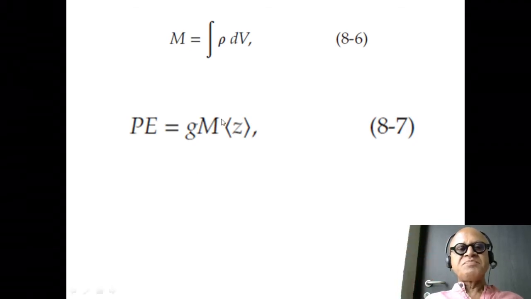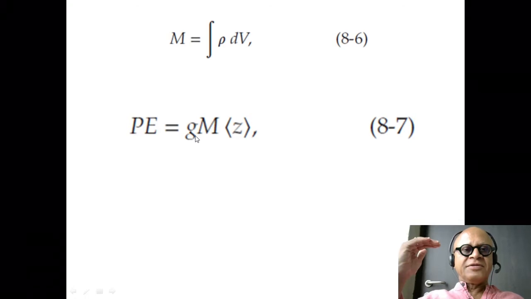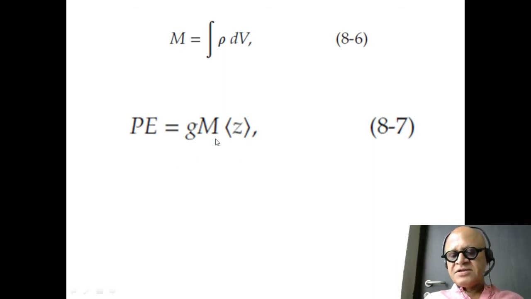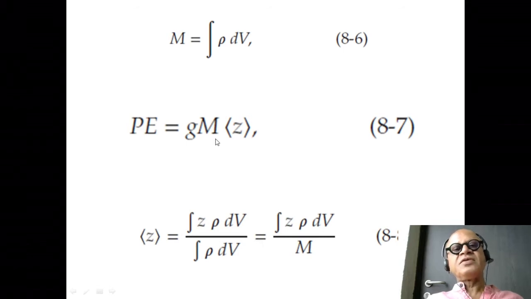Okay, very simple. So g, acceleration of gravity, times the mass of the volume we are looking at, times the height of its center of mass, represented with these brackets. Okay, how is that height of the center of mass defined?